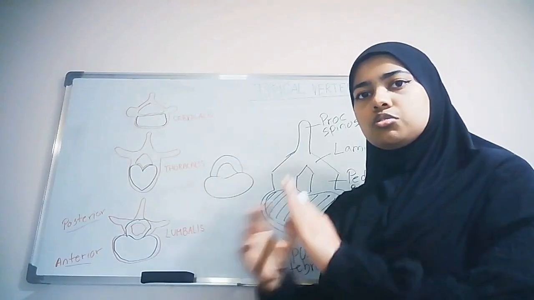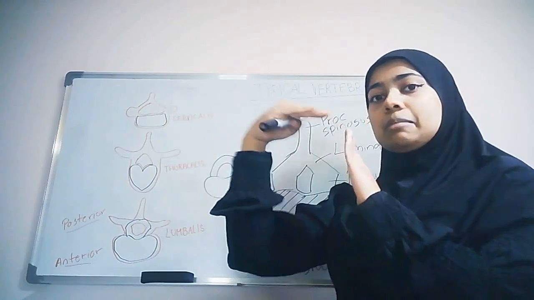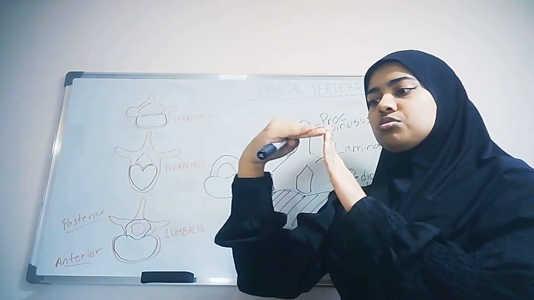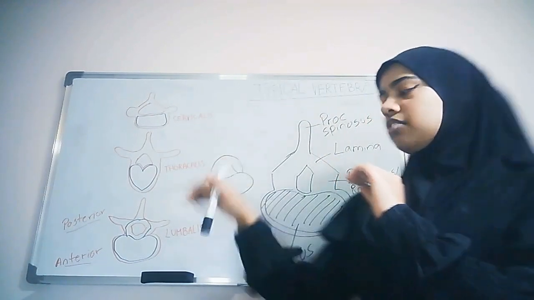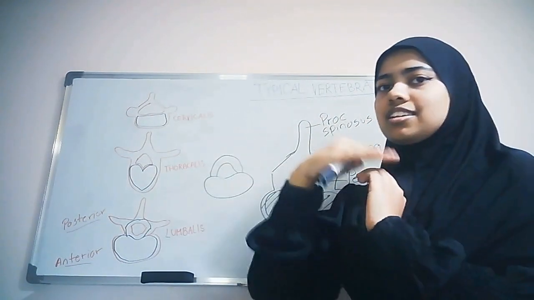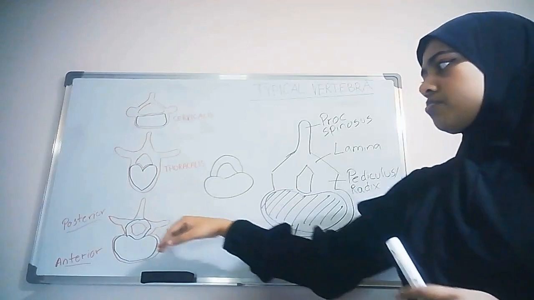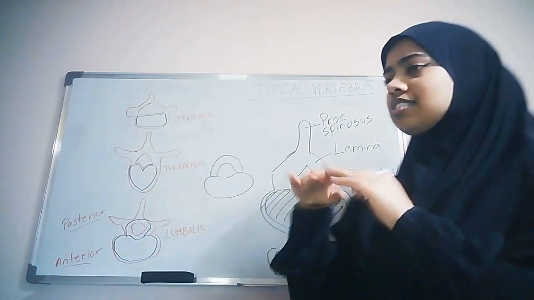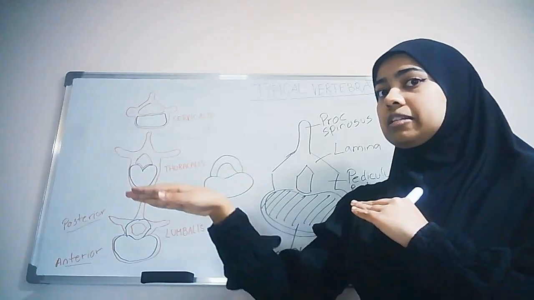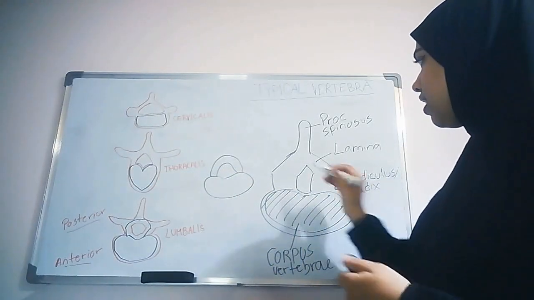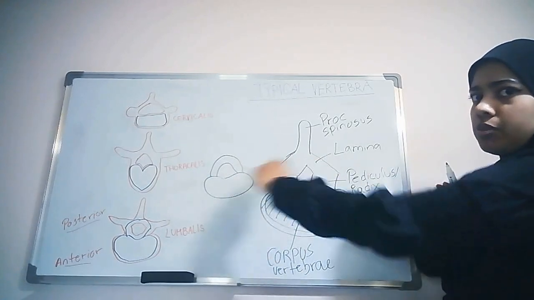In the part where pediculus and lamina meet, in this point, we have another processus that sticks out towards the side, and that's transverse. So processus transversus, because it sticks out in a transverse plane. And transverse plane, that's horizontal, so it will look like this, right?